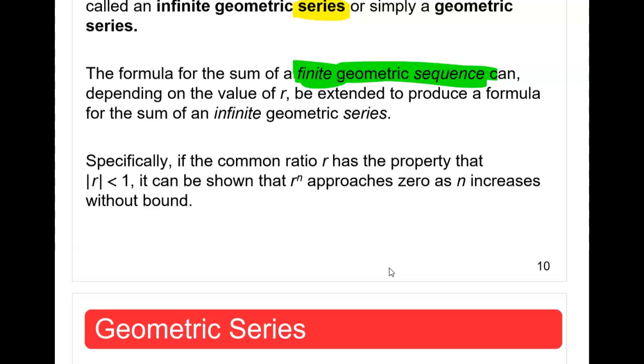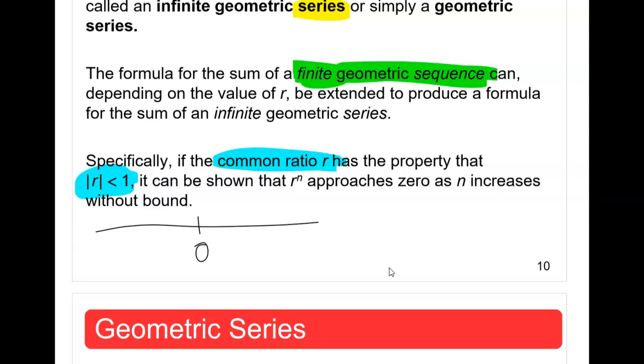So how do we determine that? Well, it is when the common ratio satisfies this property, that the absolute value is less than 1. So what do we mean by less than 1 in absolute value?